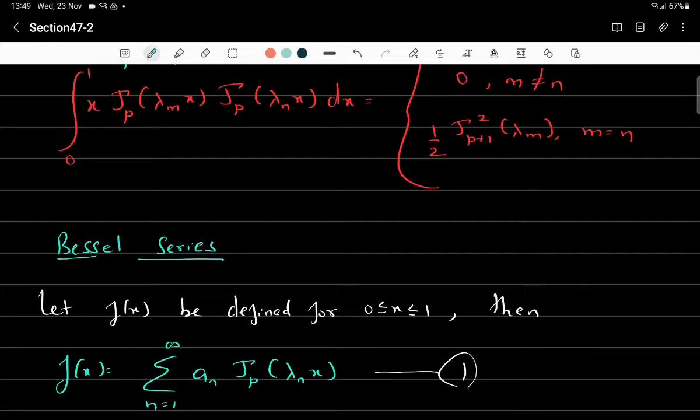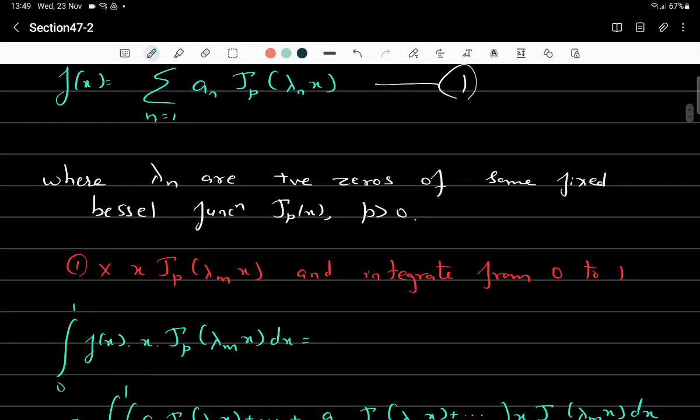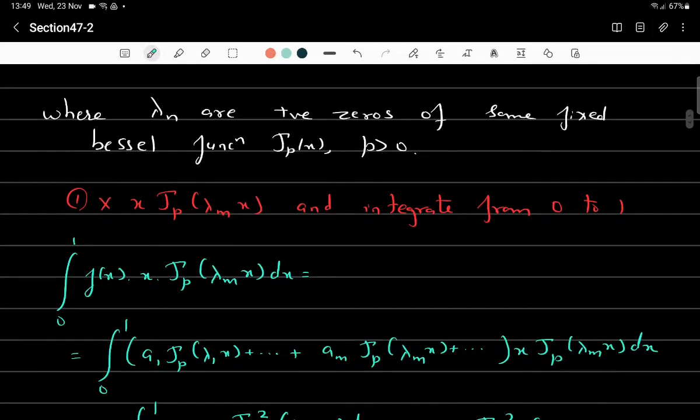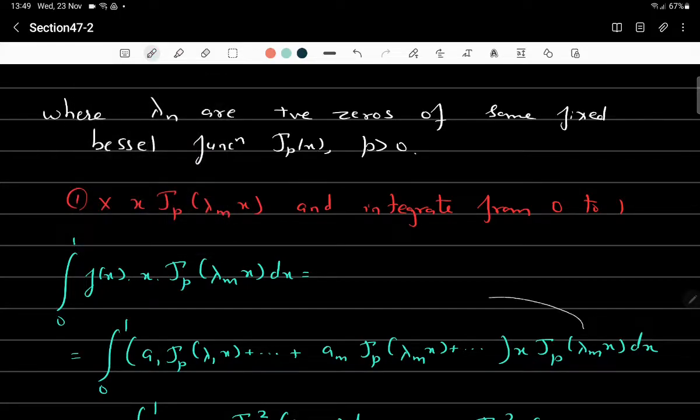So there would be only one term which is non-zero because of orthogonality, and all other terms would be equal to 0. So let's multiply both sides with x Jp(lambda m x). The left hand side becomes the integral from 0 to 1 of f(x) x Jp(lambda m x) dx, and in the right hand side, because of the summation there are infinitely many terms, but only one term gives you non-zero, and all other terms give you 0.